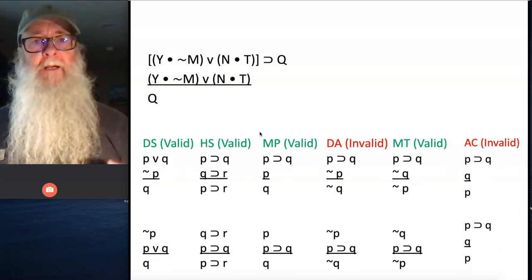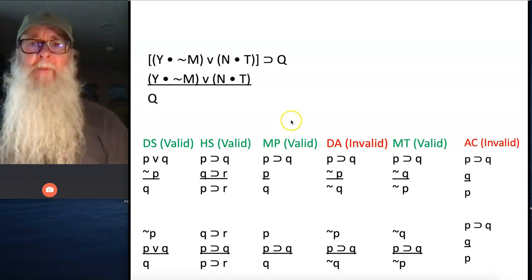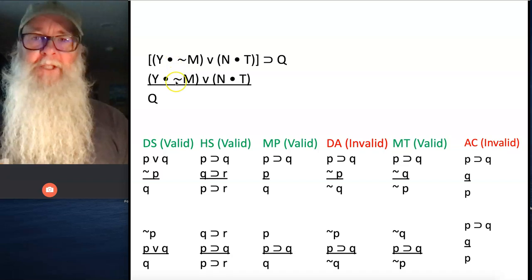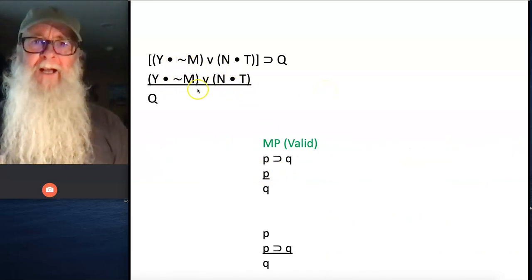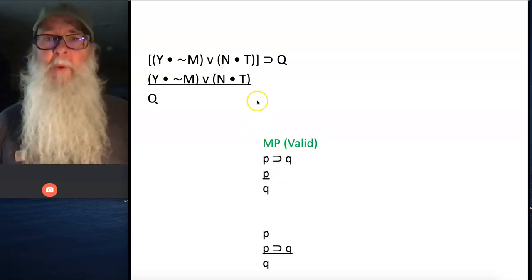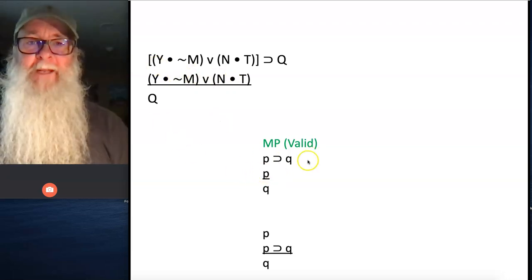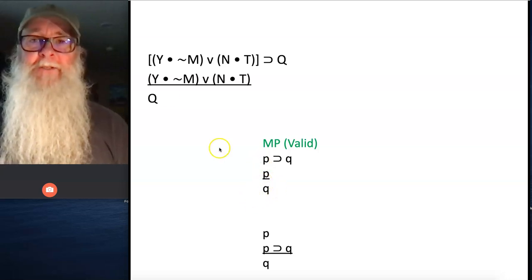So we consult our handy guide to all of the known argument forms we've talked about so far, and we look to see which of these forms seems to reflect what's actually occurring in this given argument. And when we do that, we see, aha, this argument, it's really a modus ponens. This is a valid argument. What's happening here is that the second premise is affirming what appears on the left-hand side of the horseshoe, which would make the conclusion true.